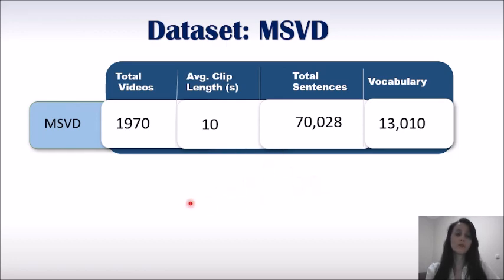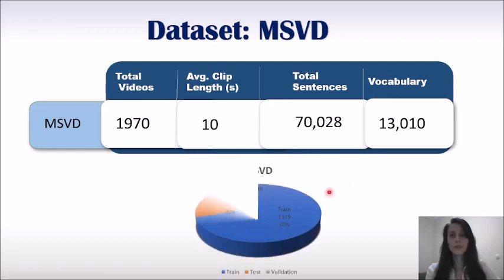These videos are approximately 5 to 20 seconds long. The sequence-to-sequence model was trained with this dataset. The videos were split into train, test, and validation sets with these weights: 70% for train, 20% for test, and 10% for validation.